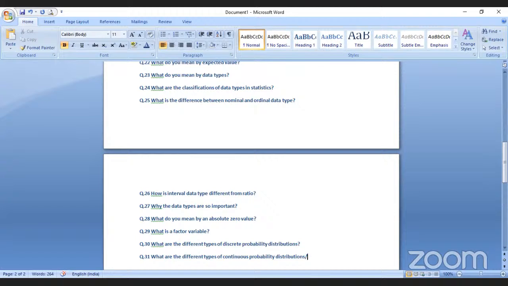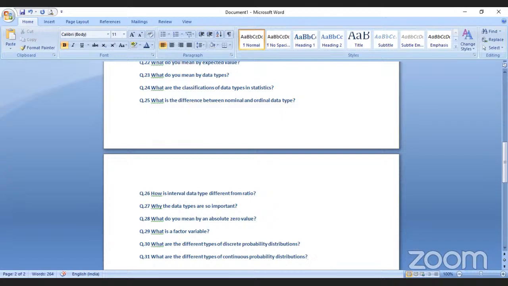We have a normal distribution, exponential distribution, t distribution, f distribution, chi-square distribution, and uniform distribution. We also have a variable distribution. So these are a few examples of continuous probability distributions.